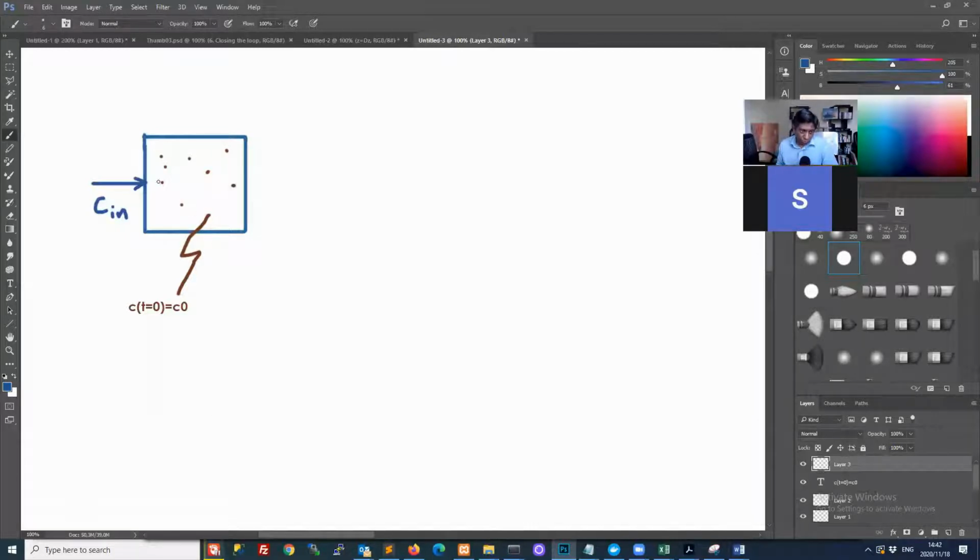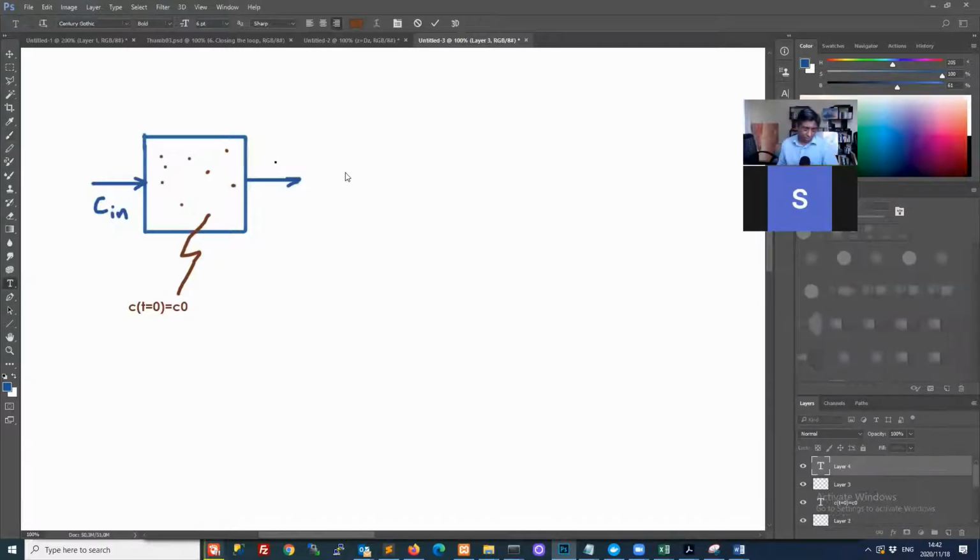So those are 2 concentrations, and we can identify a third concentration as well, which is the concentration in this exit stream here. So we can call that C out, I guess.